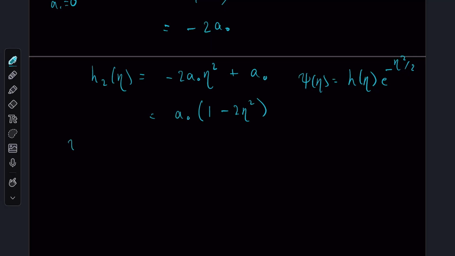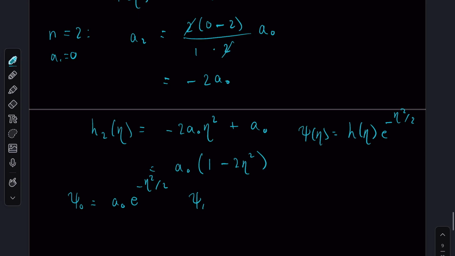So our ground state then is, up to some normalization constant, e to the power of negative eta squared over 2. And our first state is just eta a sub 1 times e to the power of negative eta squared over 2.